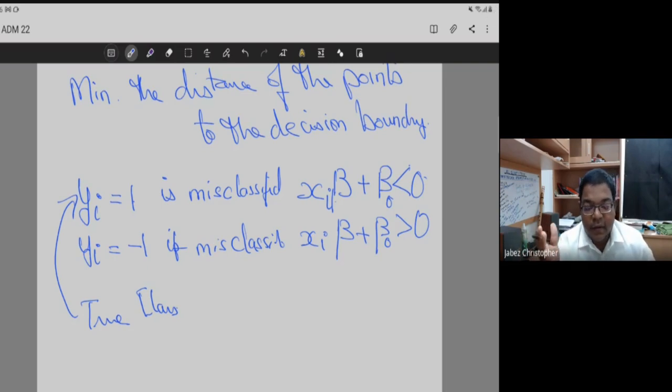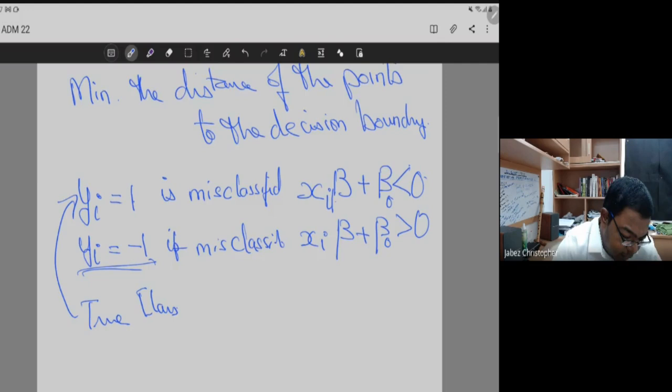This is the signed distance. So for any point of the positive class, if it is lesser than 0, then it is misclassified. Likewise, for any point of the negative class, if it lies on the other side, if it is greater than 0, it is misclassified.